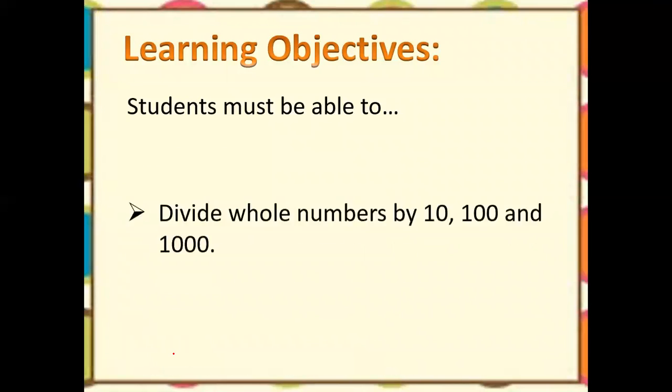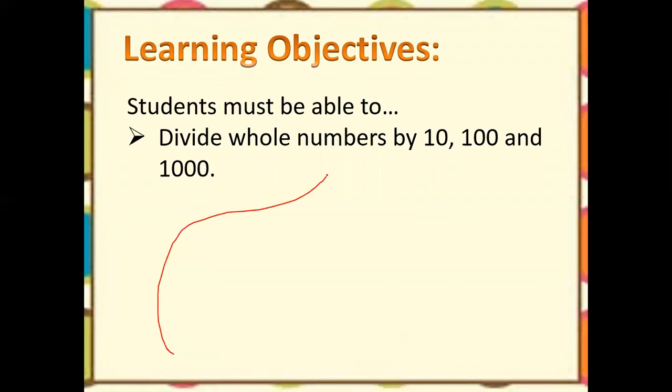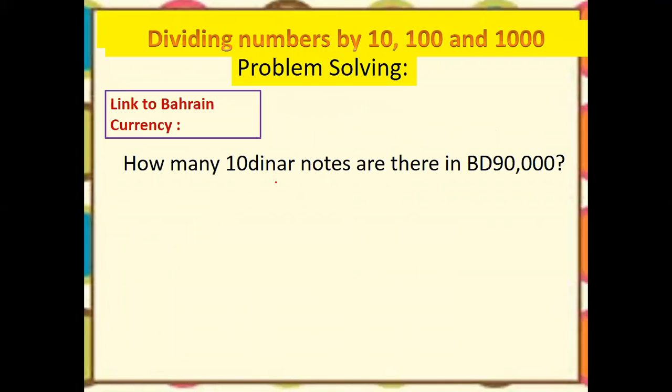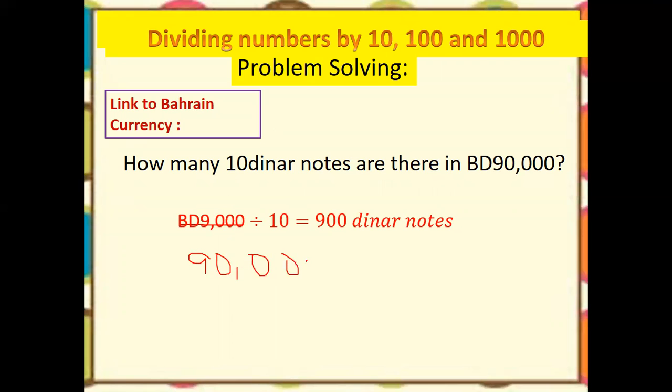So we have done already dividing whole numbers by 10, 100, and 1,000. Now you need to know how to solve, also how to create a problem. Okay? Now, we have here a question. How many 10 dinar notes are there in 90,000? Meaning, oh, this is 90,000, sorry. So this is 90,000 dinars.